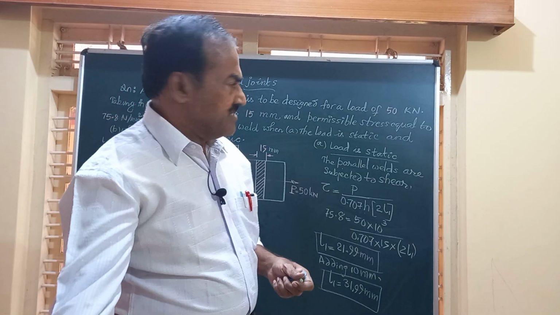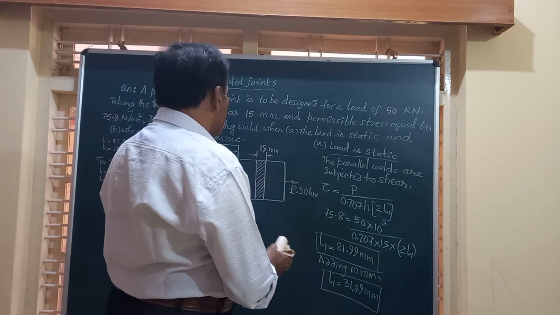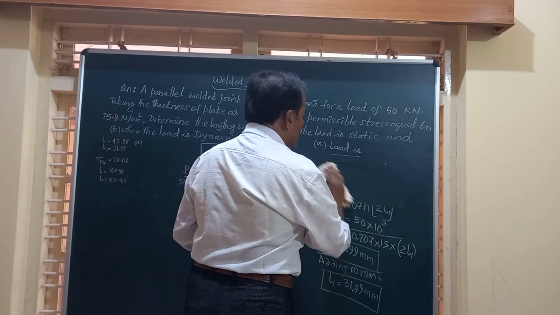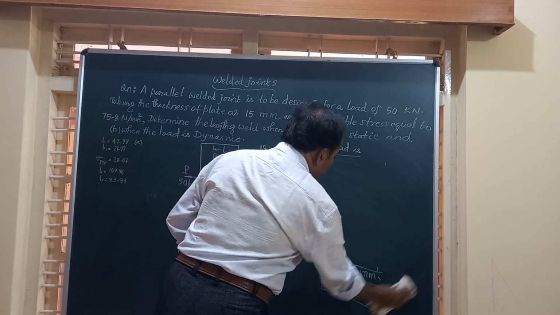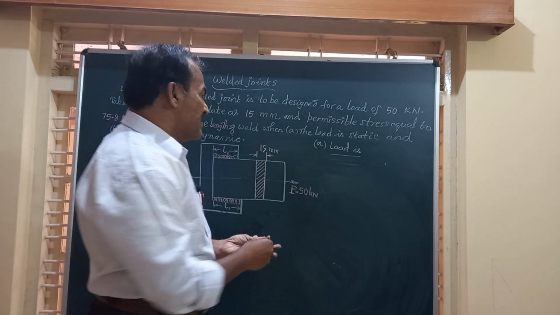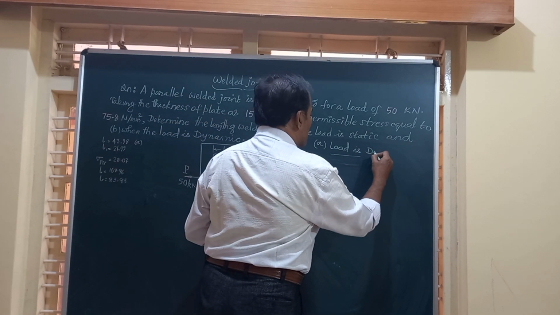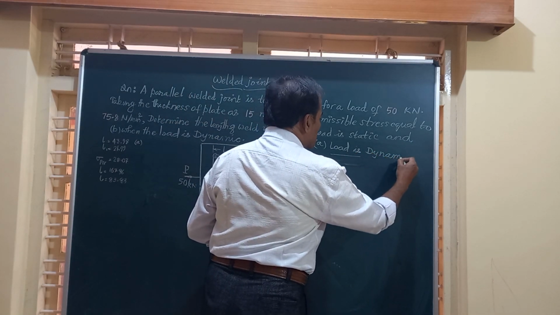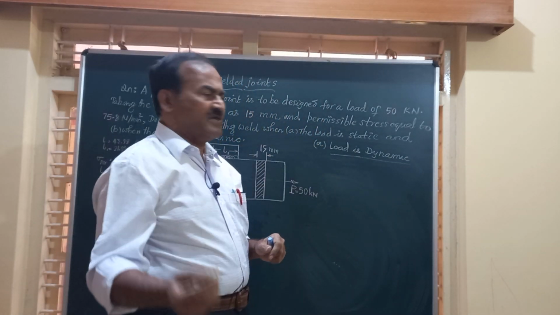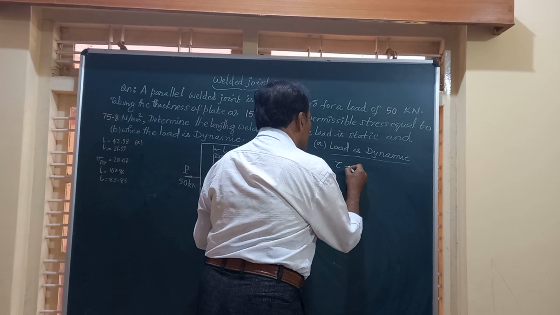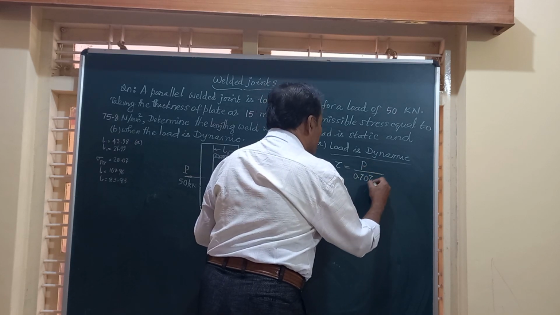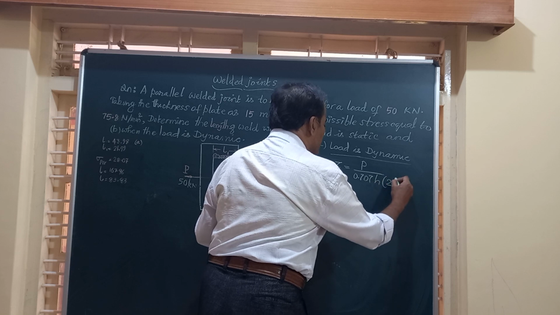So friends, on the same lines, let us find out what is the length of weld required when the load is dynamic. Load is dynamic or fatigue loading. Friends, for this also we make use of the same formula, that is tau is equal to P divided by 0.707 H into twice L1.